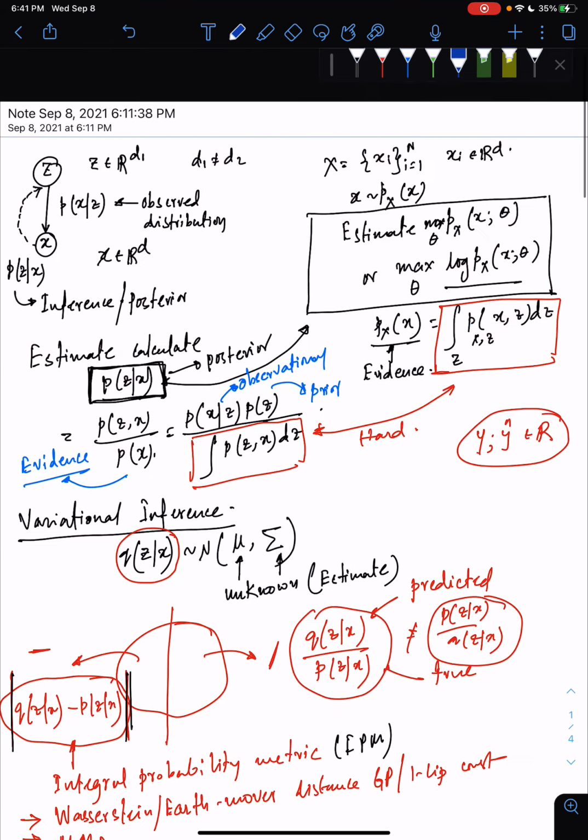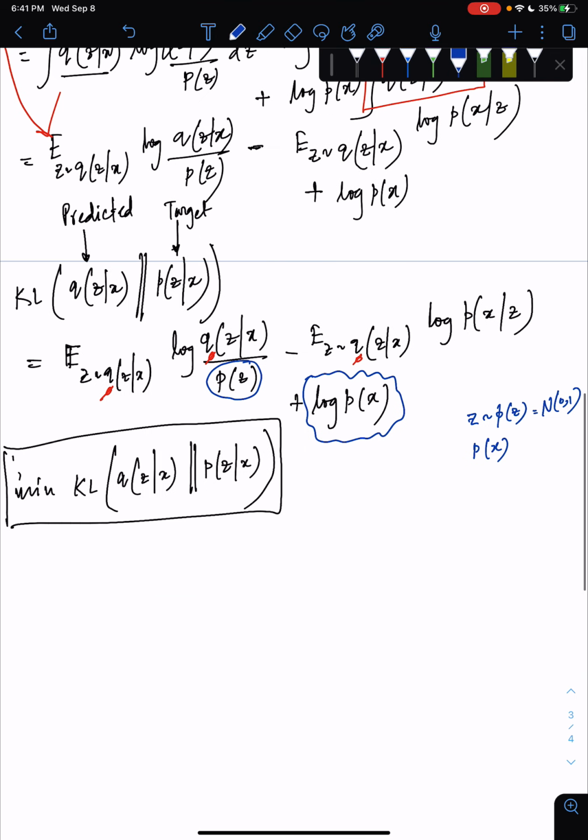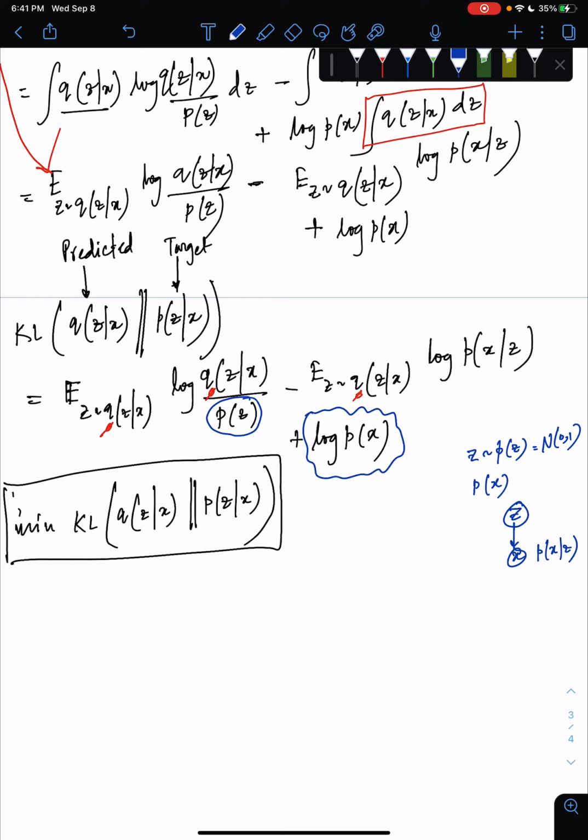You remember, this is our diagram. If I draw it here, this x given z is an observed distribution, right? This is the data that we generally saw in our data set. So we can also estimate this particular distribution, which is generally parameterized by theta.